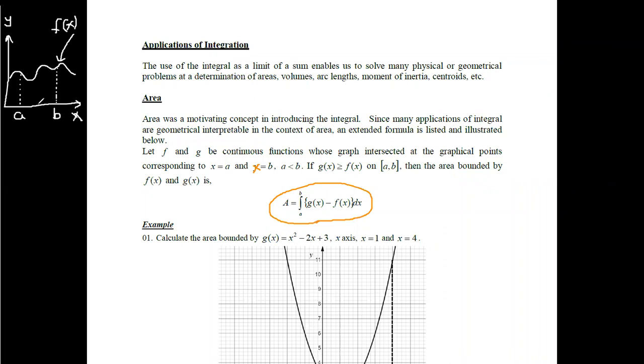If I color this region, this is the region we need to get the value for. And to get the area of this region, which we will name A, we can simply integrate this function.